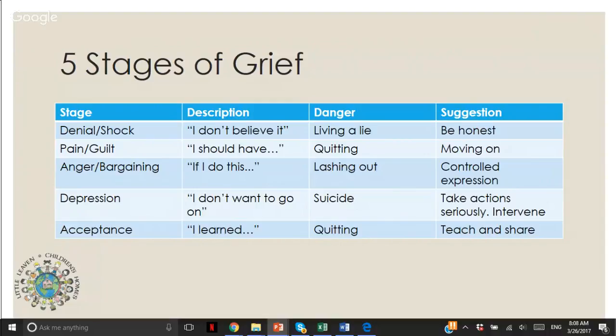Obviously, a major lashing out would be, I've seen this before. Someone of one racial background gets hurt by someone of another racial background. And so they'll say, well, I'm never going to that guy ever again. That's them lashing out.